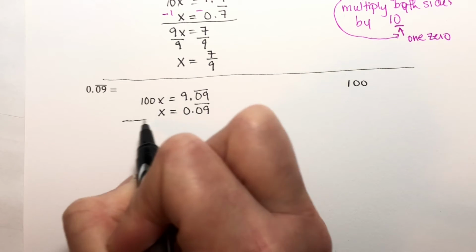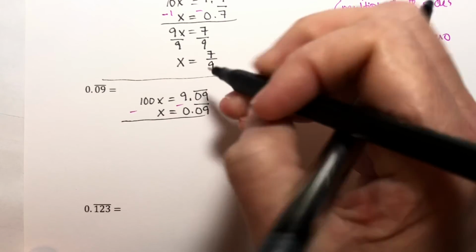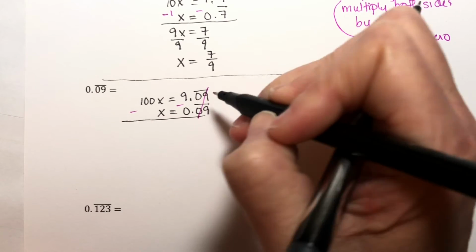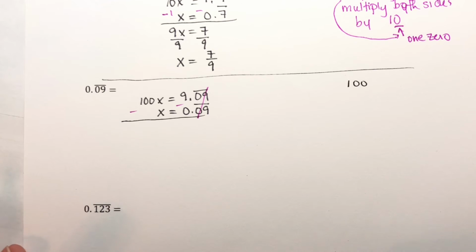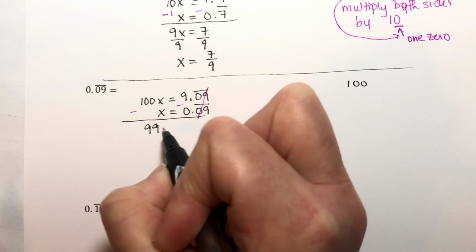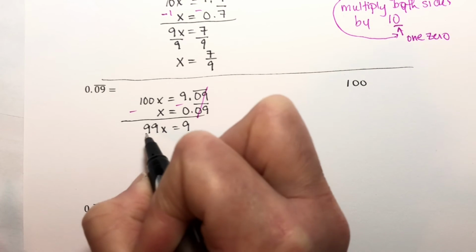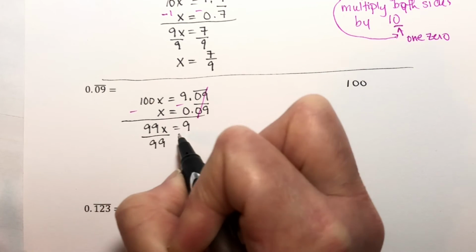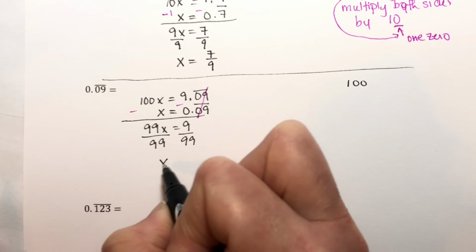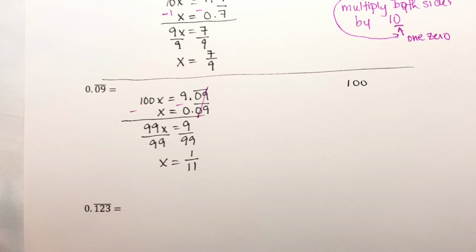Now if I subtract these, just like I did above, the 0.09s cancel out because they go out to infinity and they match up to infinity. 100x minus x is 99x, is equal to 9. Divide both sides by 99, and you get x equals 9 over 99, which is 1/11.